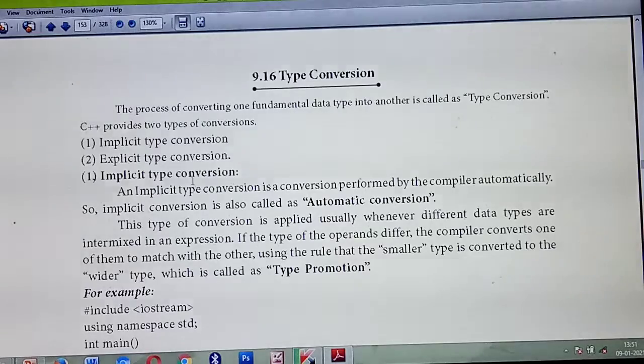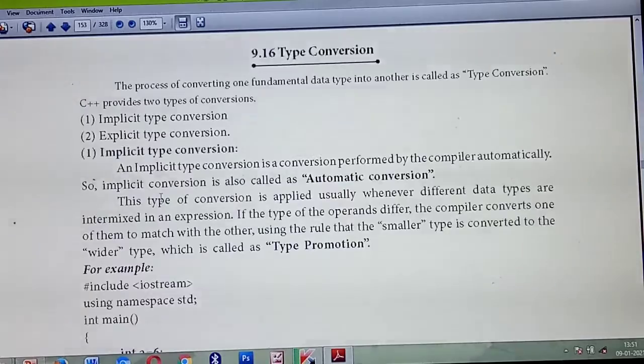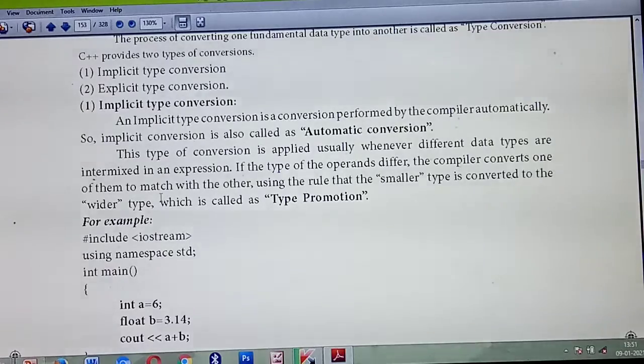Okay. So first we are going to study implicit type conversion. What do you mean by implicit type conversion? This type conversion is automatically performed by the compiler. So the user need not convert any data type. The compiler itself automatically converts. So if you run a particular program and type conversion is needed, the compiler itself automatically converts from one data type to the next data type.